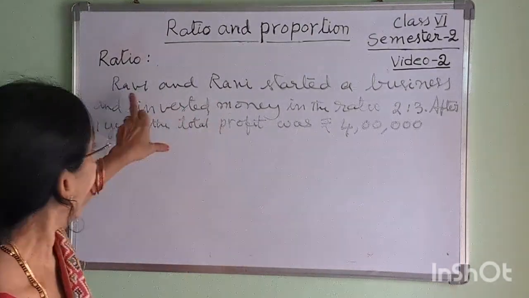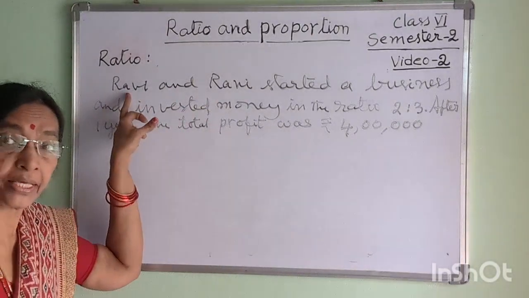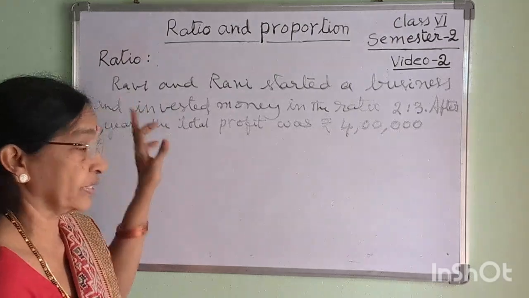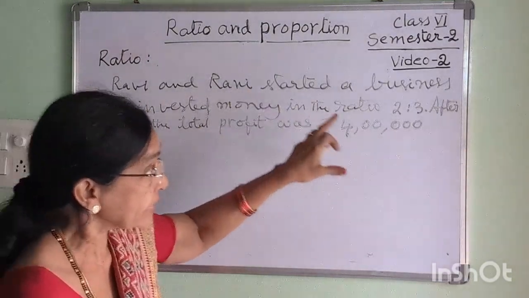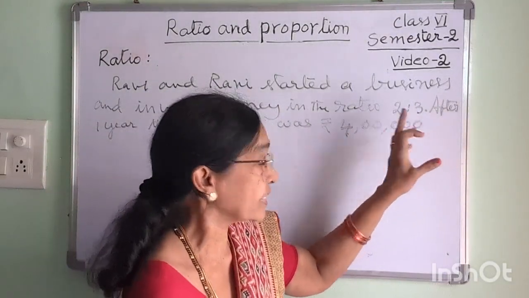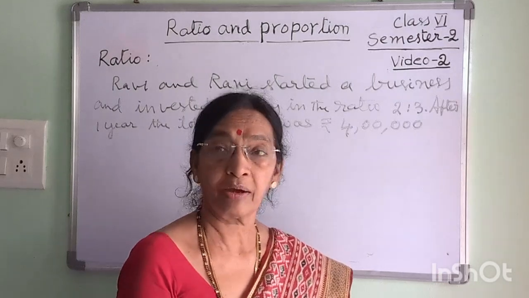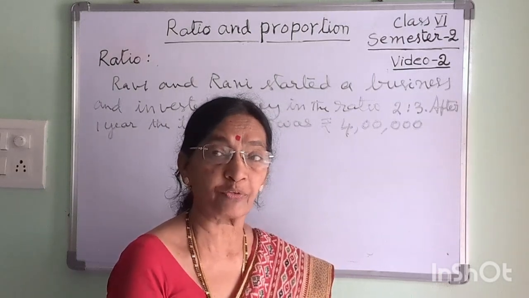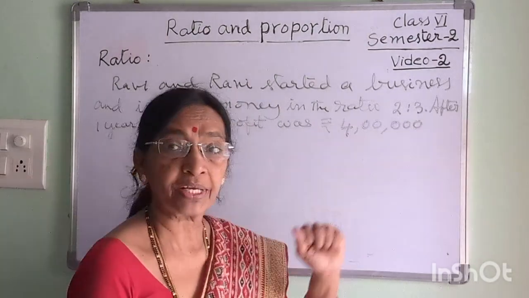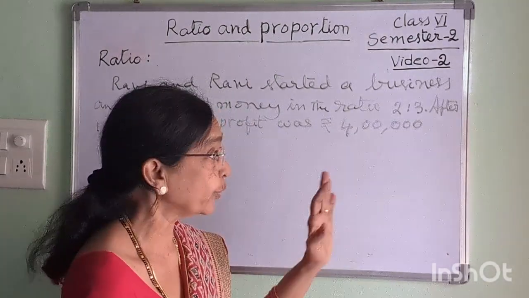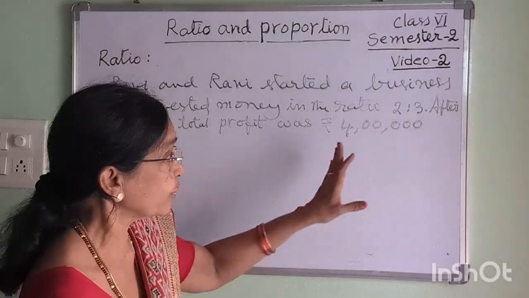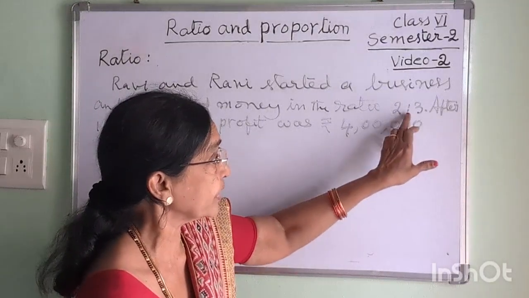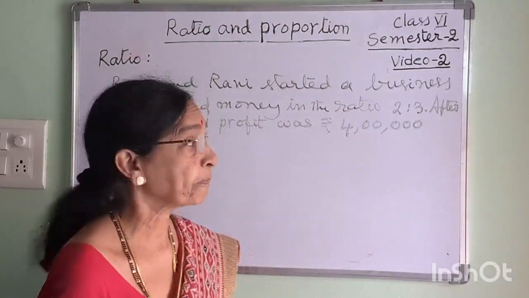Then Ravi said that we will take an equal share of the profit. Rani said, as I invested more, I have to get more profit. Therefore, we will share the profit in the ratio of our investments. Then how to share this 4 lakhs in the ratio of 2:3.